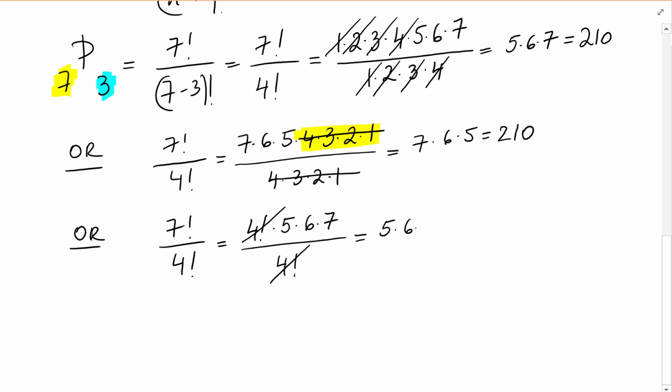So we get 5 times 6 times 7, which is 210. And we use the fact that we wrote the higher factorial using a lower value. So we have 4 factorial and then whatever is left to get the 7 factorial.